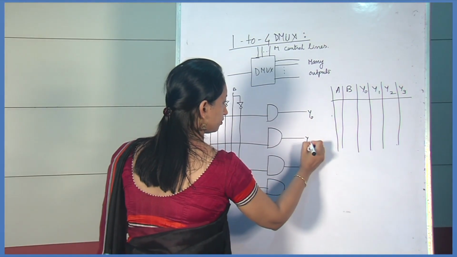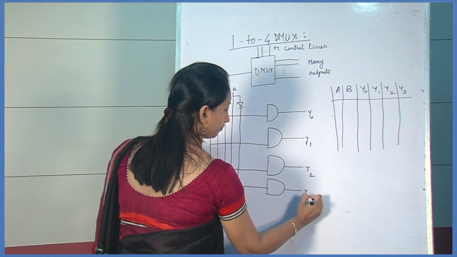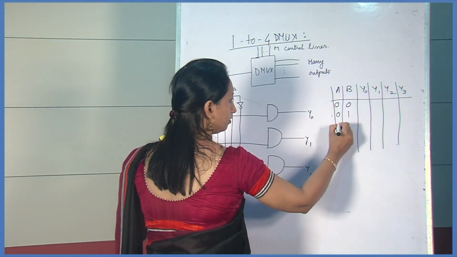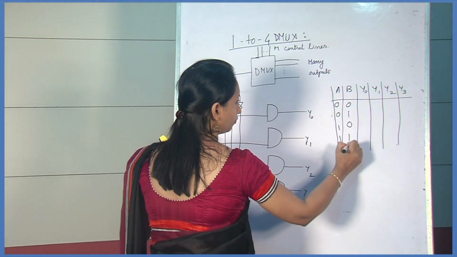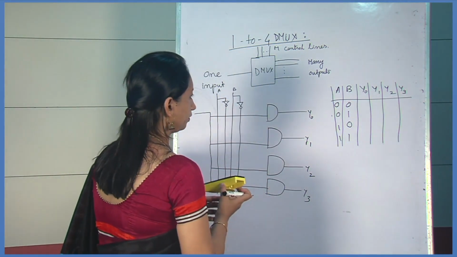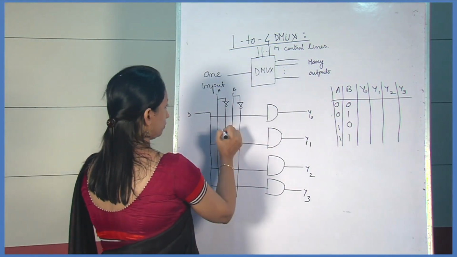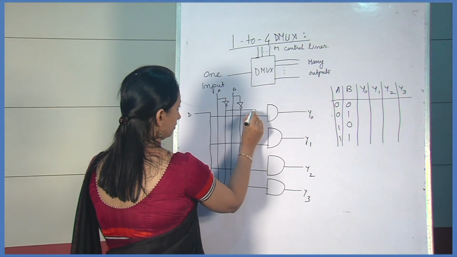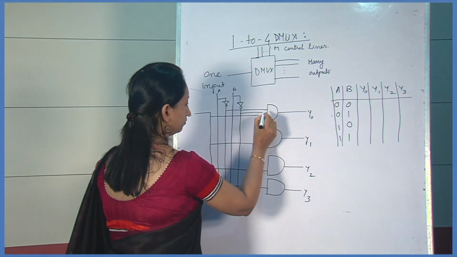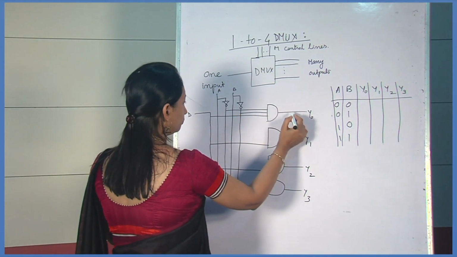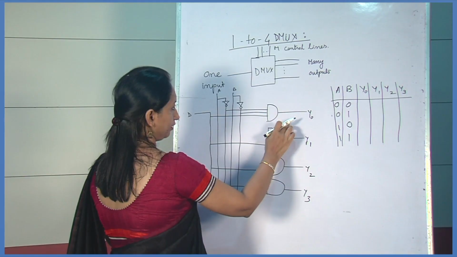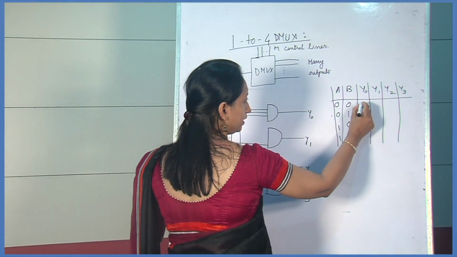So here I have written the first combination is 0, 0, then 0, 1, then 1, 0, then 1, 1. So when the input is 0, 0, then the D is selected at the output of the first AND gate. So Y0 will be D here.